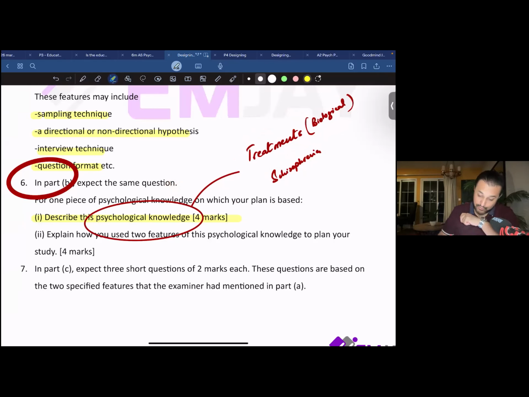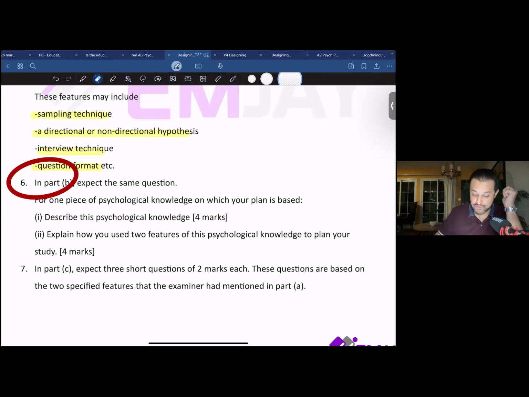Number two, the second part of the B question is linked to the first part. Explain how you use these two features of the psychological knowledge to plan your study. Now, they asked you to identify and write down about the psychological knowledge on which this question is based. And then you've been asked to explain how you've used those two features while planning your own study.